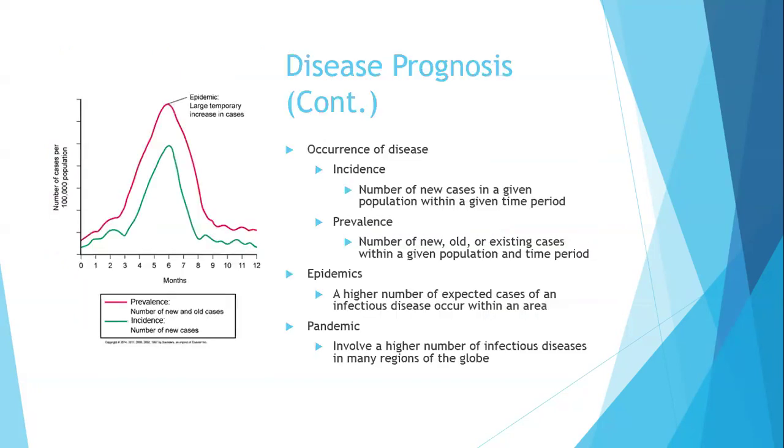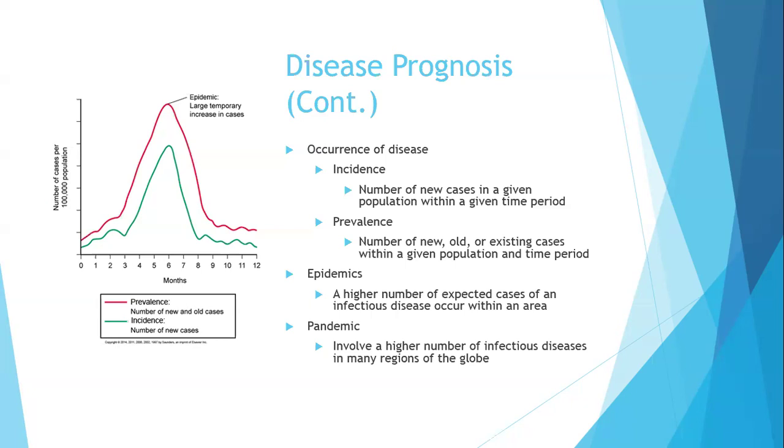And they're characterized. So the incidence of a disease is the number of new cases in a given population within a given time period. So if you say a certain number of people were diagnosed with influenza in the last month, that's the incidence of influenza.